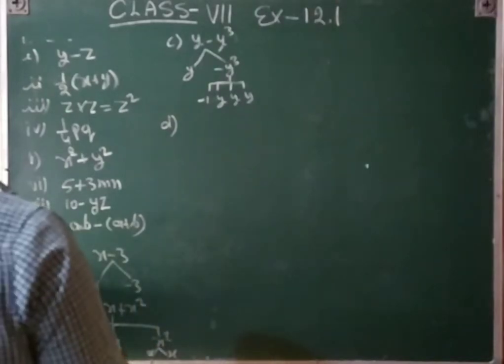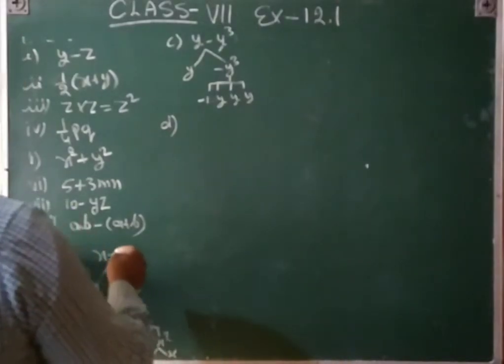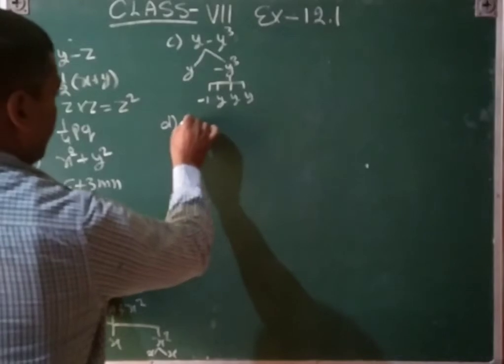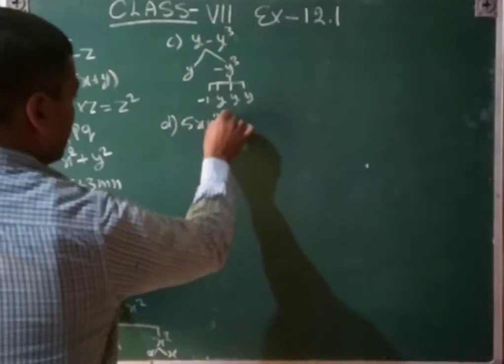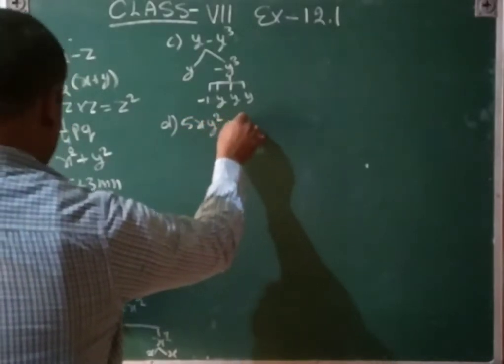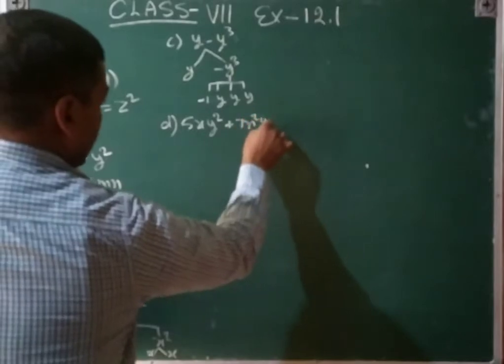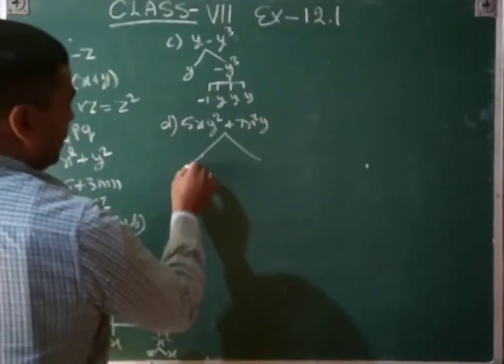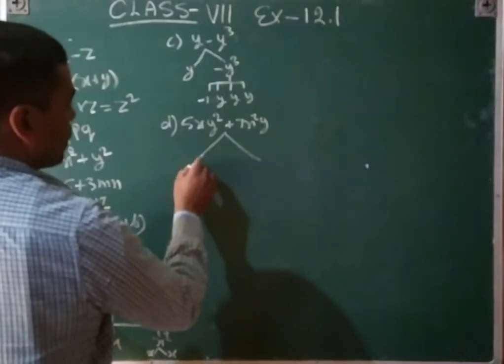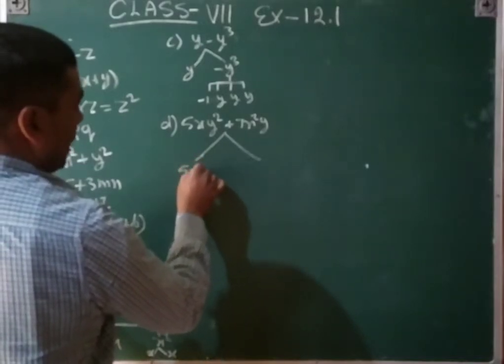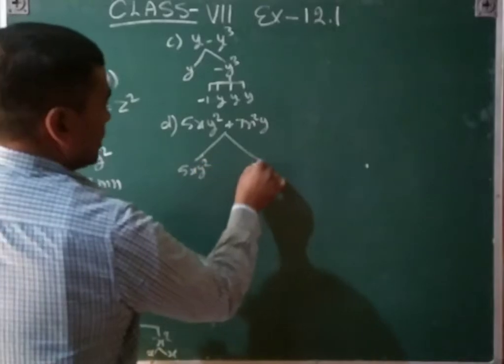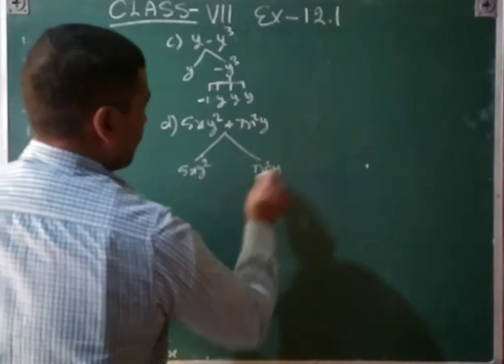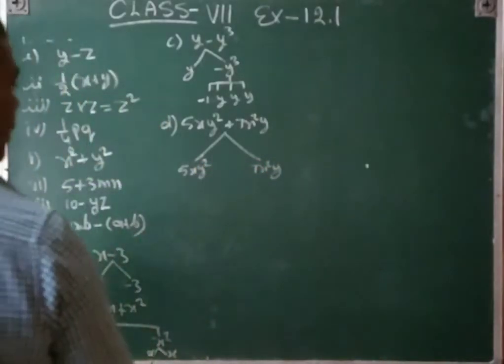D part: 5xy square and then plus 7x square y. This will go in 2 steps: 5xy square, and 7x square y.